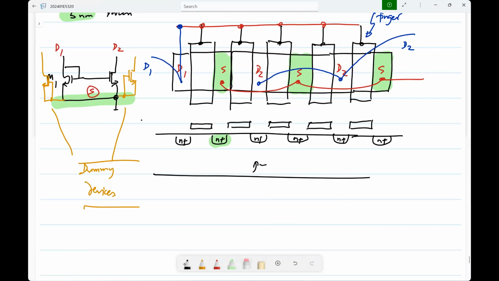By the way, if you have a case where you want identical transistors, but they do not have a common terminal, you can still make that in the middle somewhere. You can insert a dummy device, so that this transistor doesn't get connected to that transistor. So let me show this here.